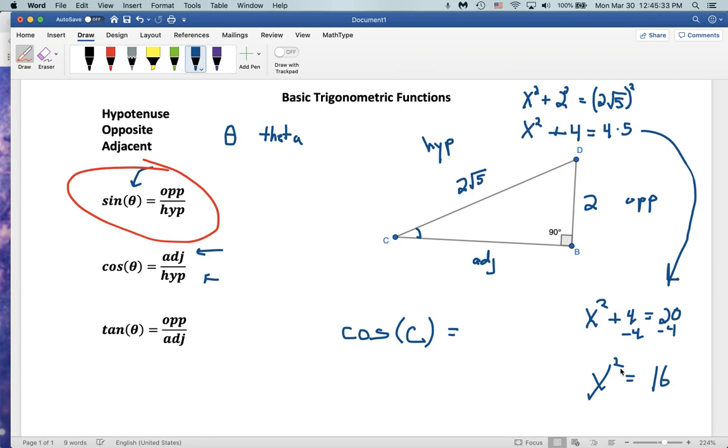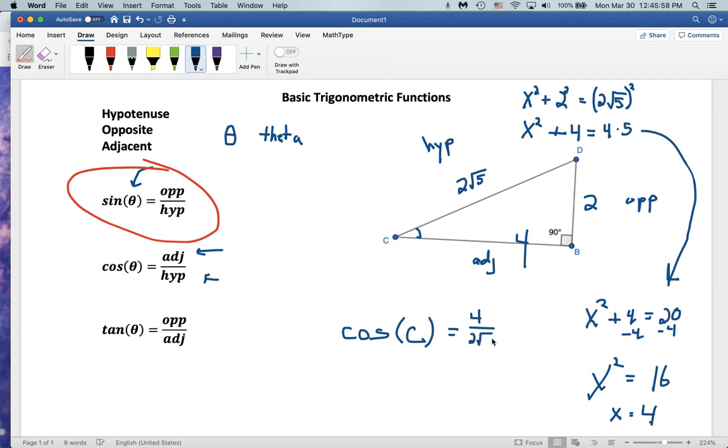And then don't forget to square root now. X is 4. Now remember, I was using x to represent the length of this adjacent side. So now I know this side is 4 by using Pythagorean's theorem. Now when I go to find the cosine, which is adjacent, what's the adjacent side length? 4 over, what's the hypotenuse? 2 square roots of 5. 2 square roots of 5.